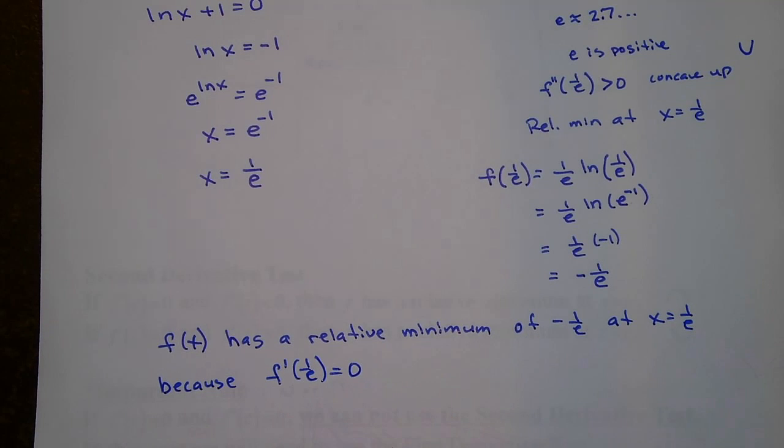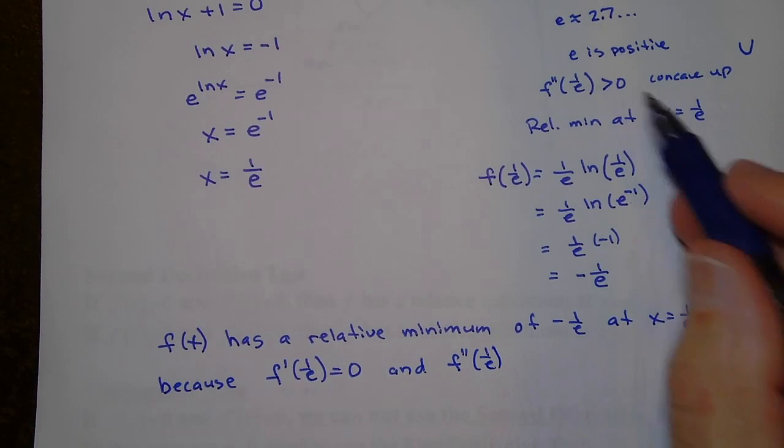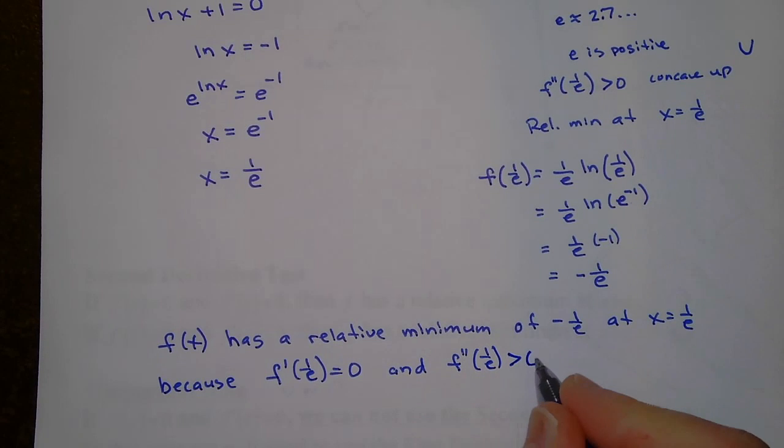That's the horizontal tangent piece. And f double prime at 1 over e was positive, right? It was greater than 0. And that's why we know there's a relative minimum there. And that's it. There's no relative maximum.